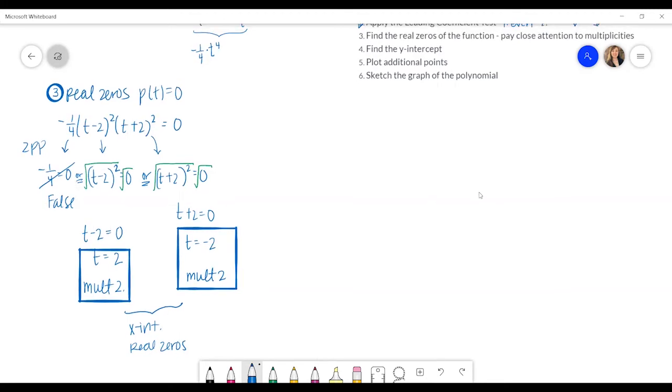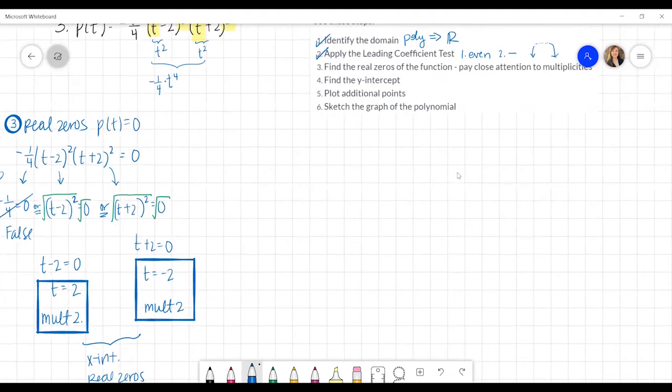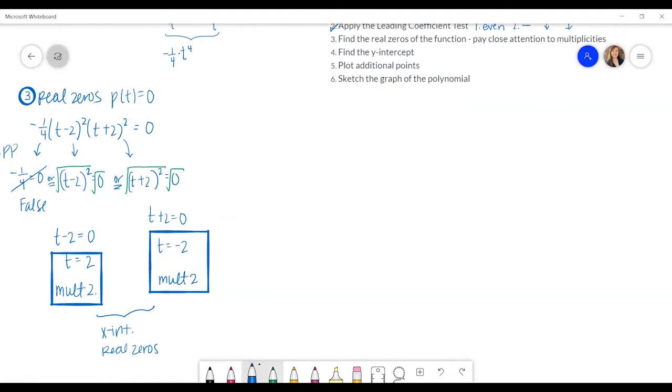Now what we want to find is our y-intercept. This is the fourth step. And this happens when we plug 0 in.